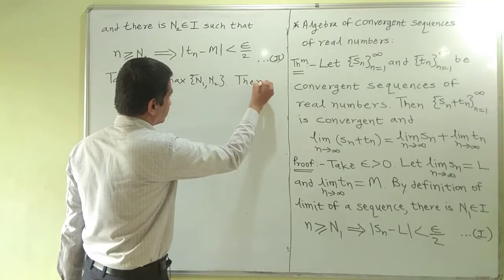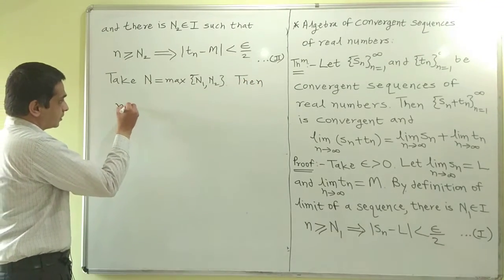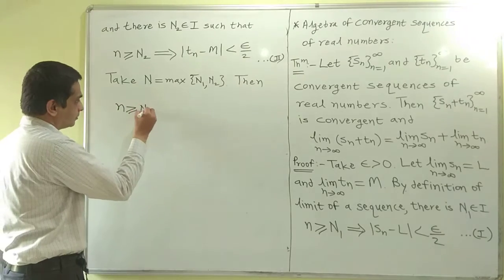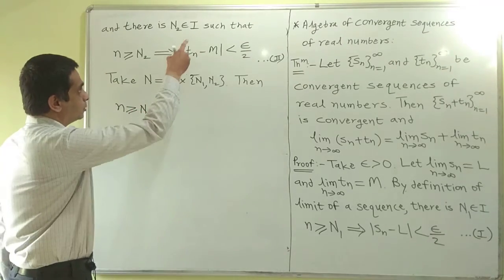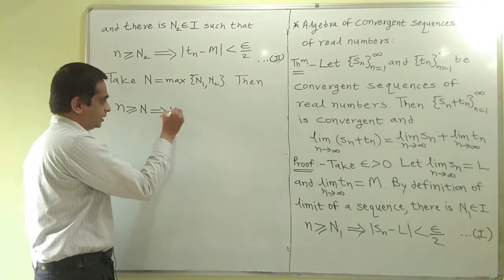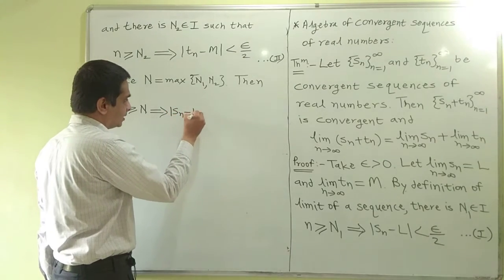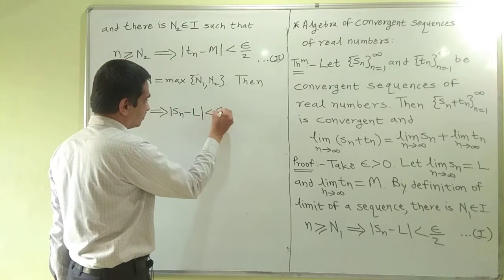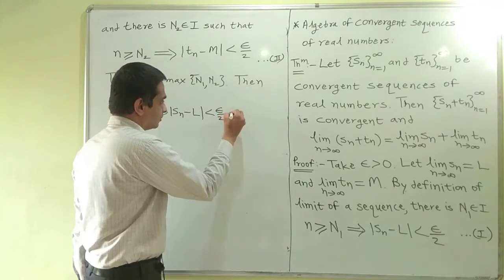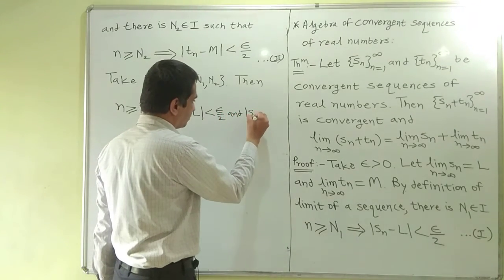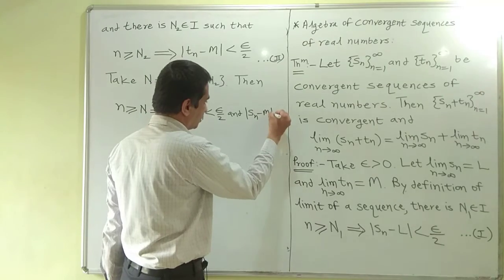Then n greater equal to this maximum implies that both statements hold simultaneously, that is, mod Sn minus L is less than epsilon by 2 and mod Tn minus m is less than epsilon by 2.